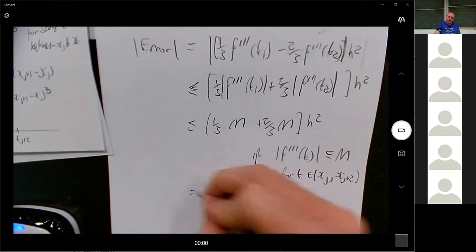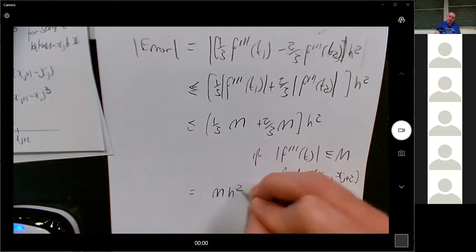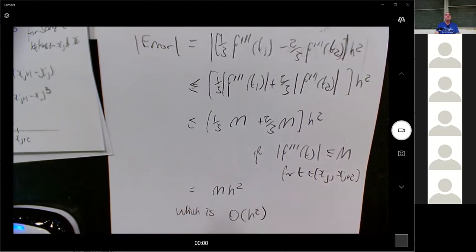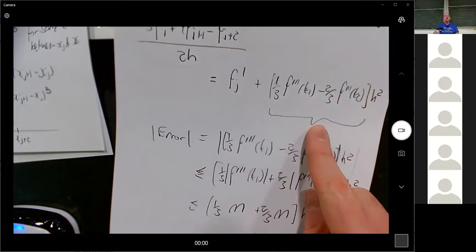And so then this is equal to m times h squared, which is big O of h squared. Yay. So I don't know if you have to do that bit of the working or if you're allowed to just skip straight to this is big O of h squared here.